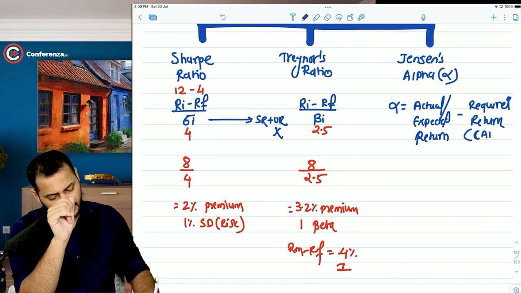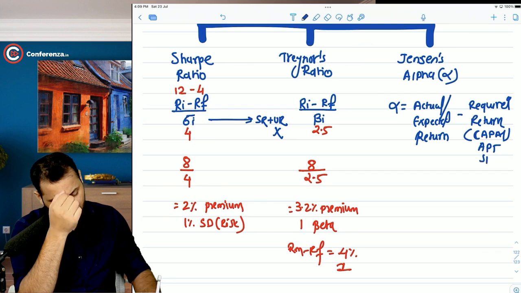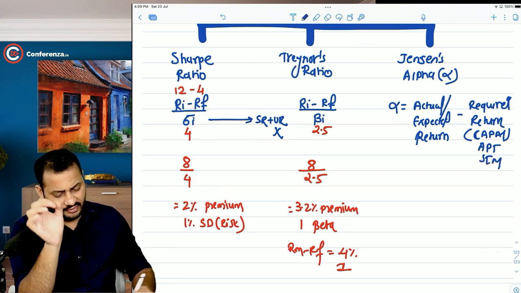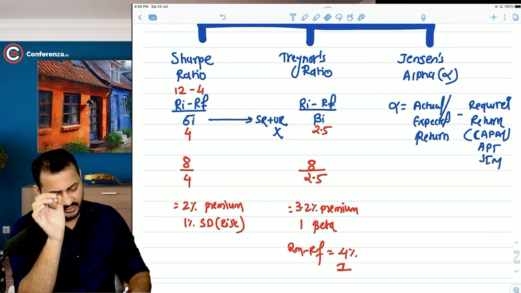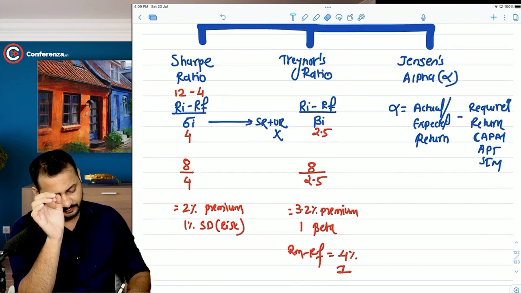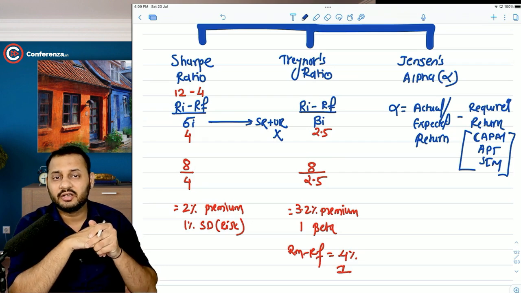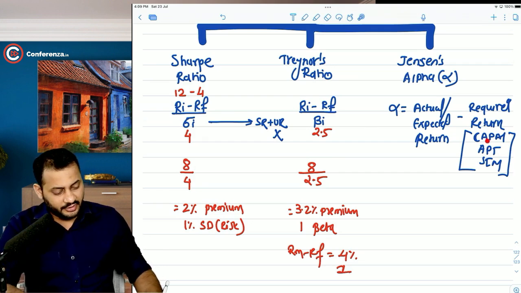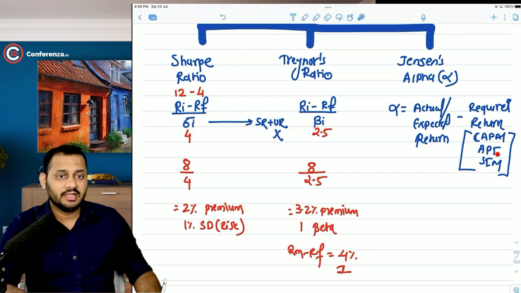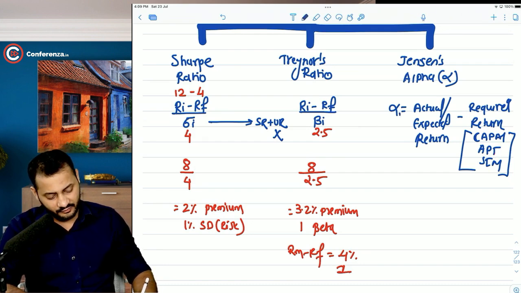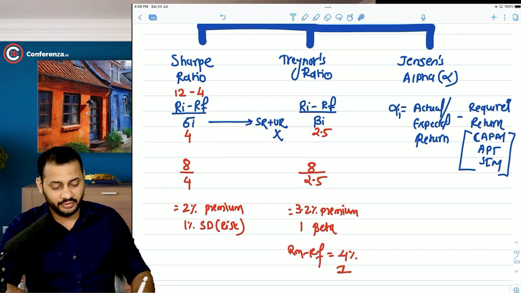It can be calculated using the capital asset pricing model, arbitrage pricing theory, single index model, any kind of theory. Basically, it should be a theoretical return. This theoretical return will explain that if we are investing in a particular stock, let's say i, alpha i, then how much we should receive.